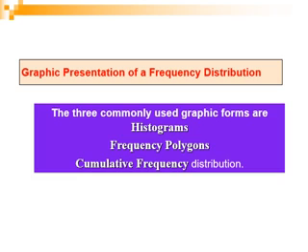We have three commonly used graph formats for grouped data, the data that we have in the frequency distribution table. Of course, there are more than three graphs, but we studied the most common, which are the histogram, frequency polygons, and cumulative frequency distributions. So let's start with the histogram.